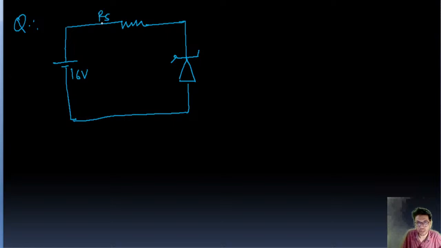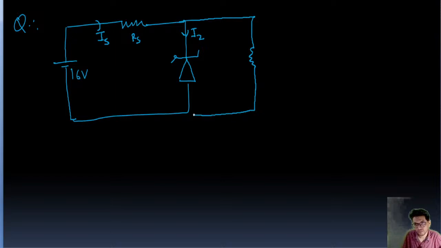This is RS, this is IS, this is IZ, this is RL, and this is IL.